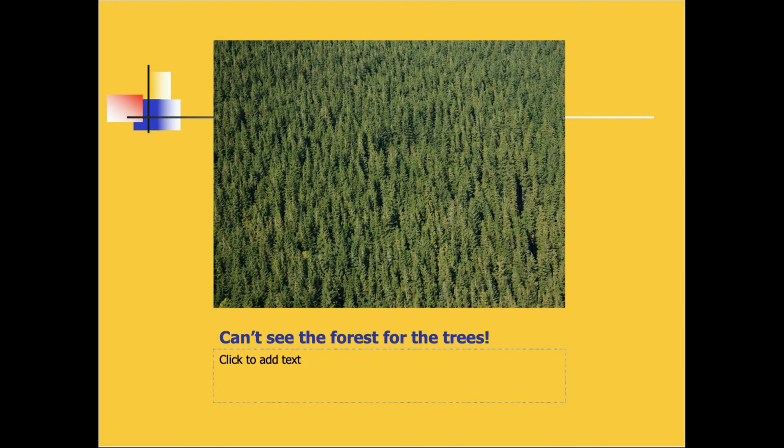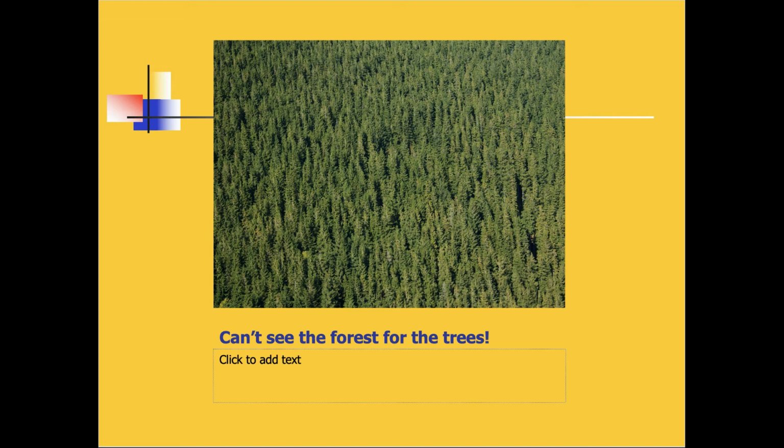Sometimes what happens to a speaker when they are constructing their message is that they can't see the forest for the trees. If you look at the image in front of you, you can see that that is a wide shot of a forest.